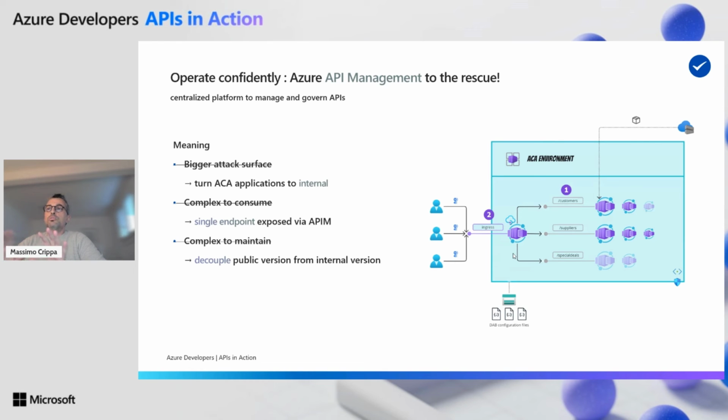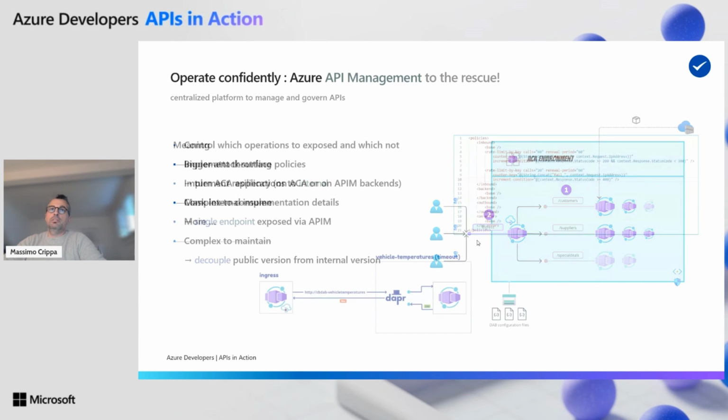By introducing this design, I can decouple the public version that is controlled via Azure API Management from the internal version that has a different life cycle. With this setup, voila, I just give a single endpoint to the consumer, called in this case ingress, and with this facade I can maintain the 2 different life cycles.